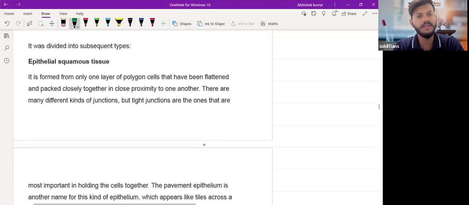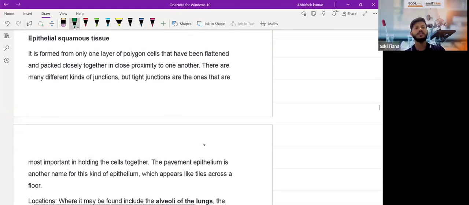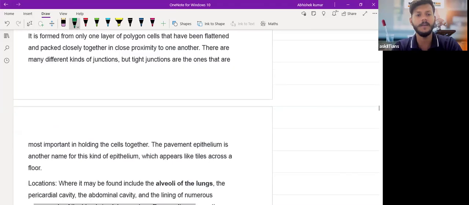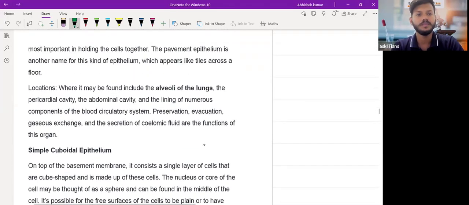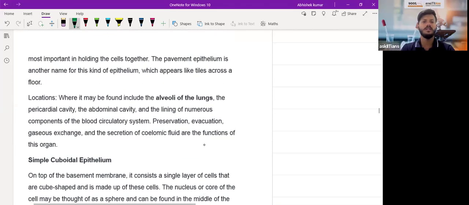So very first we have epithelial squamous tissue, which is formed from only one layer of polygon cells that have been flattened and packed closely together. And you know the locations where it may be found include your alveoli, the pericardial cavity.